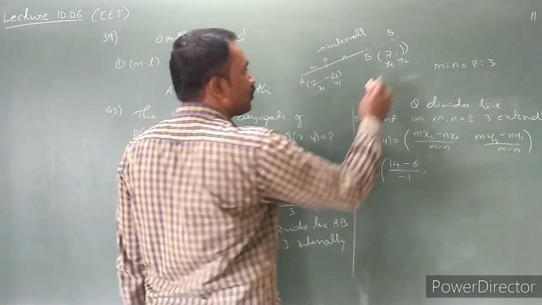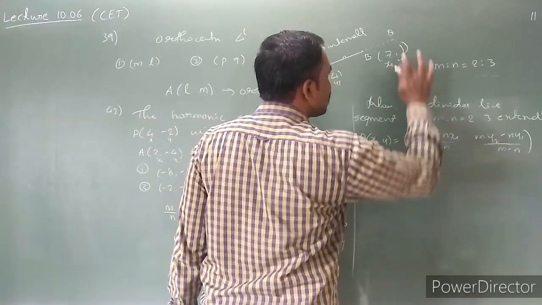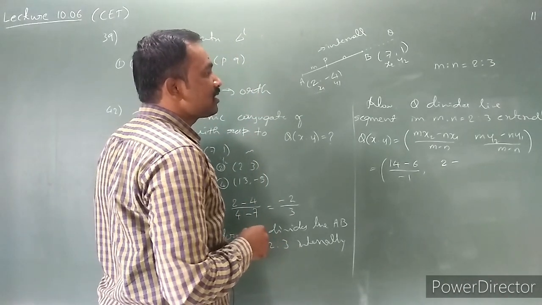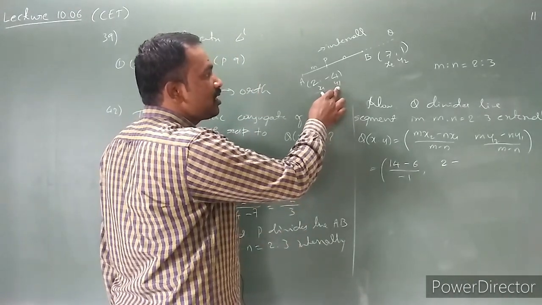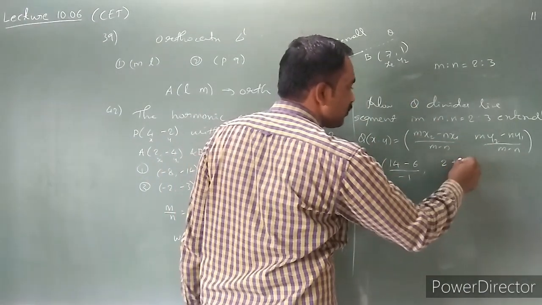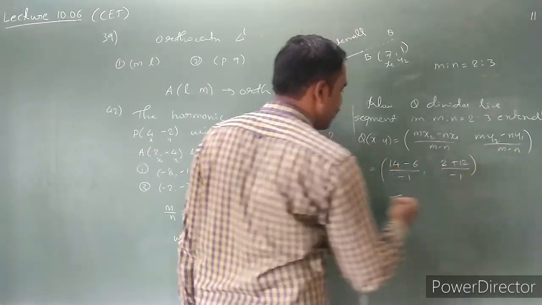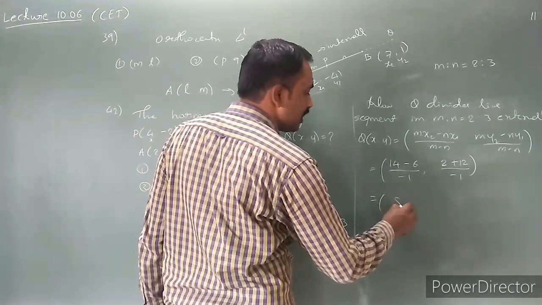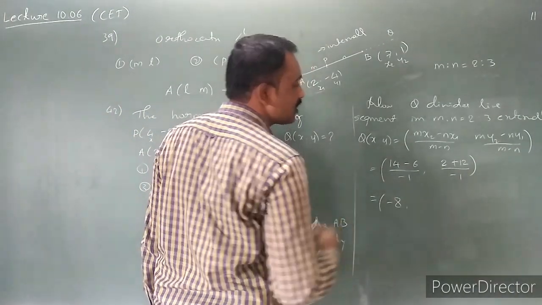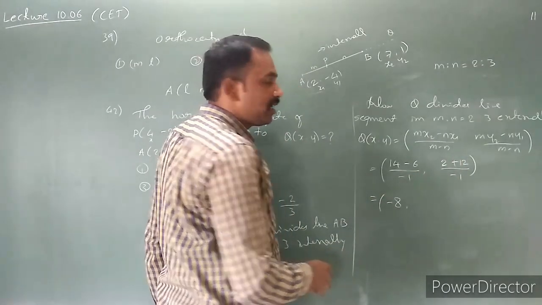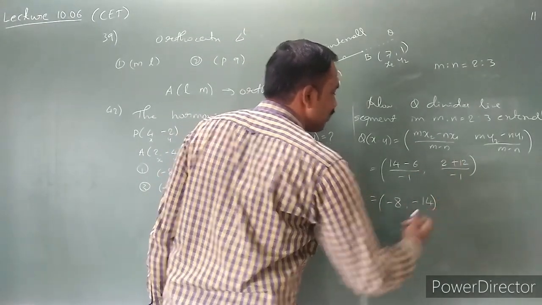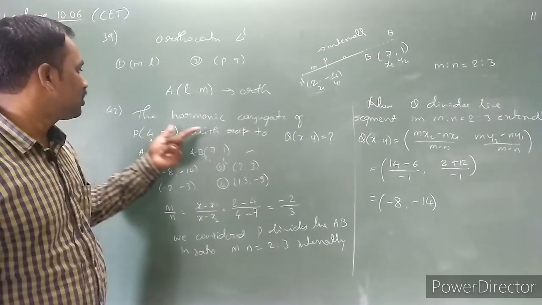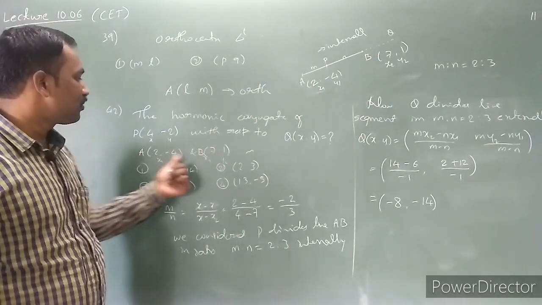Then m y2, 2 into 1 is 2, minus n y1, 3 into minus 4 is minus 12, so plus 12, divided by minus 1. So 14 minus 6 is 8, 8 divided by minus 1 is minus 8. 2 plus 12 is 14, 14 divided by minus 1 is minus 14.